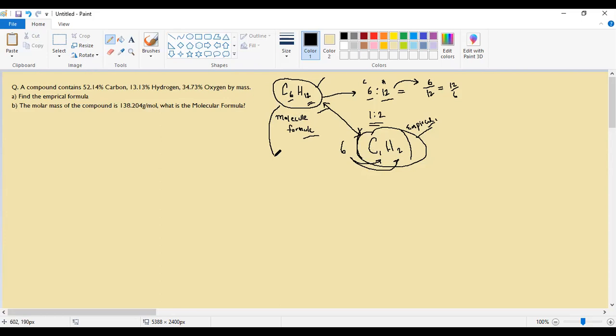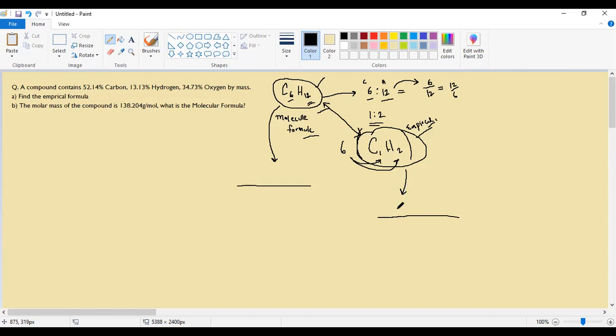And another thing that I want to add here, piggybacking off that fact, is that if you had the molar mass of this particular molecule, and you had the molar mass of this particular molecule, then the mass would reflect the fact that the molecular formula is 6 times the empirical formula.